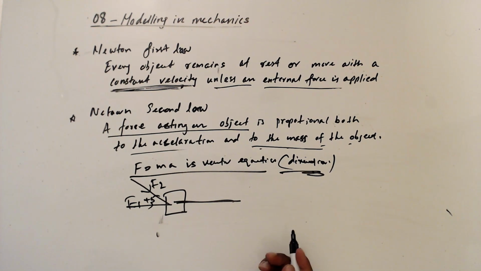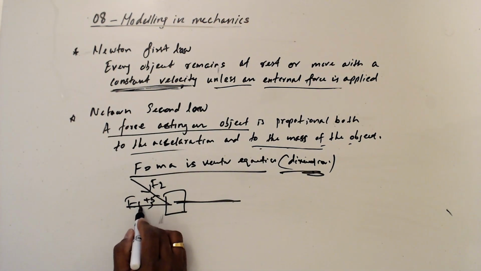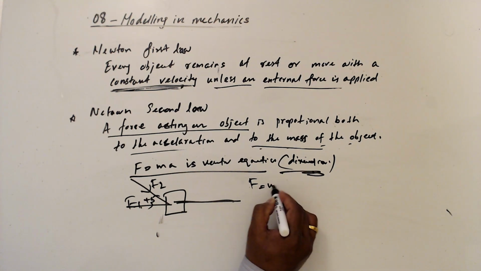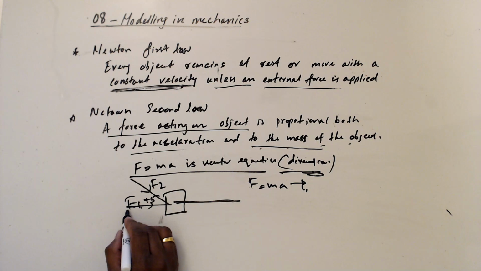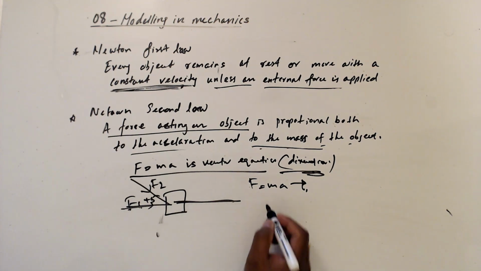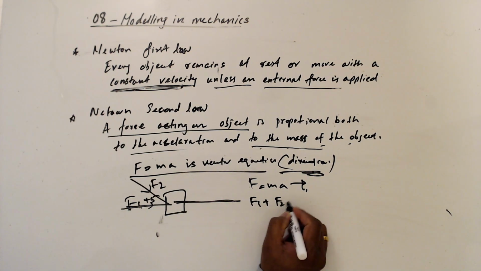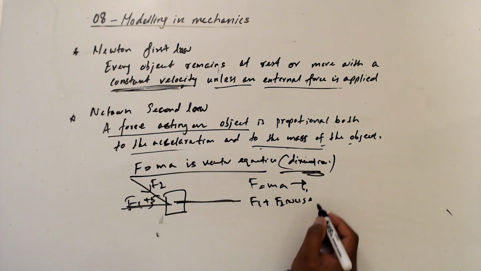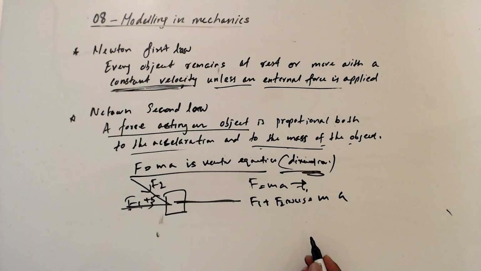We will discuss it in the next sections. We have to get the component of F2 and select the direction for F equals ma. In this direction we have the force F1 and we have to add F2 cos 45, equal to m times a1, the acceleration in this direction.